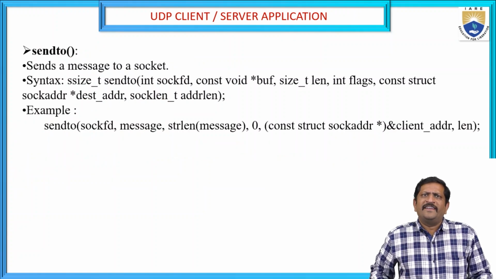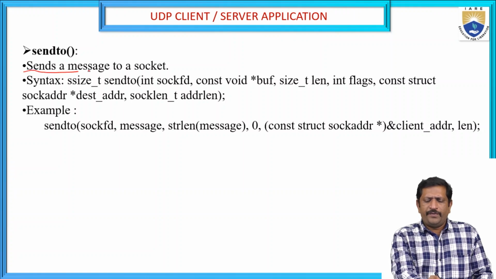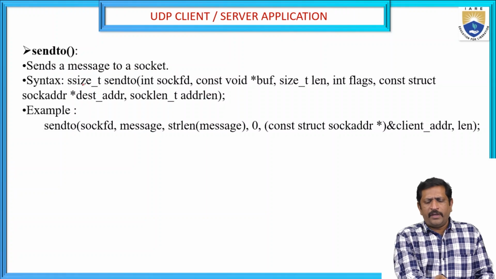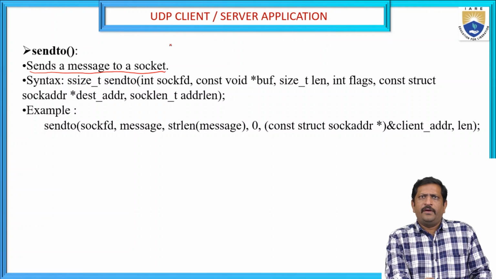Now the sendto function is utilized for sending a message to a socket. Here it is sending the message to the client socket. Once the message is received from the client, the server processes the message.